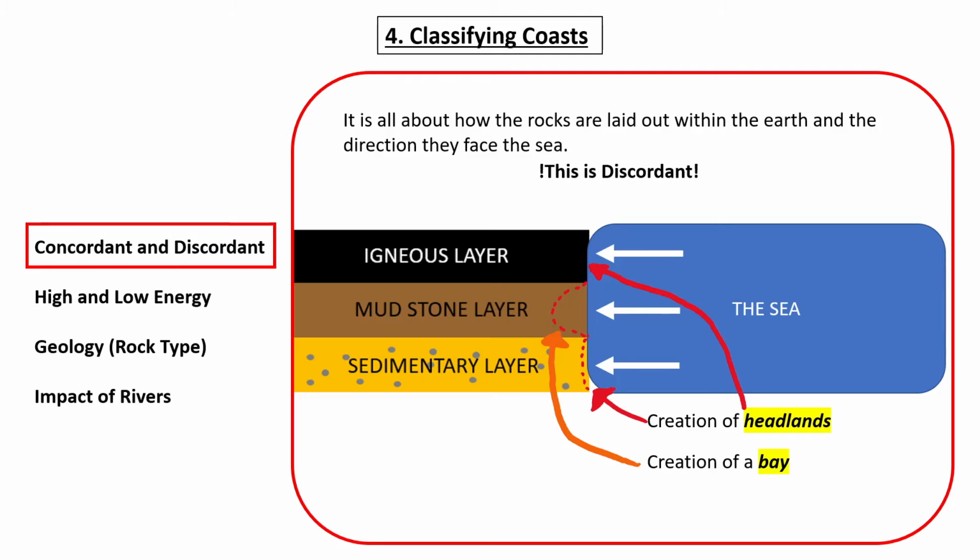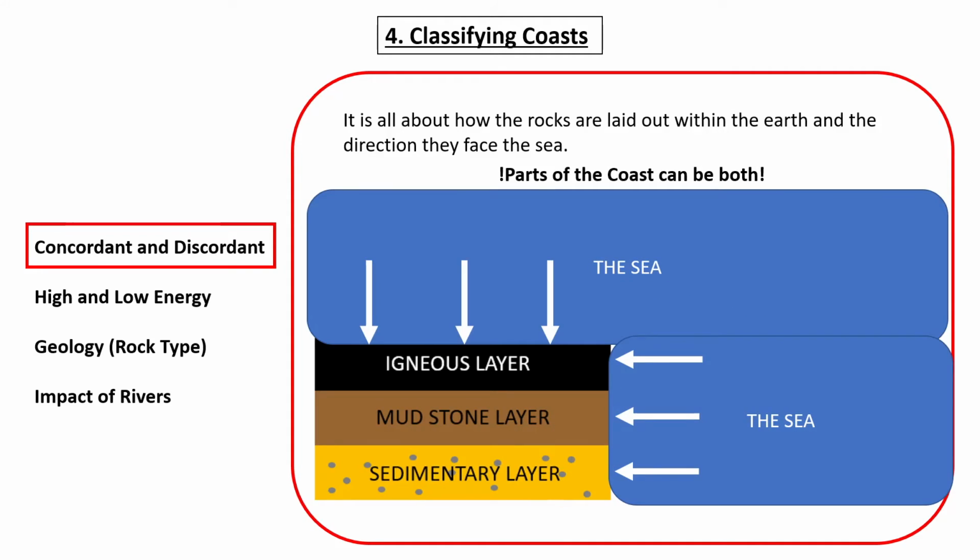And you get the creation of headlands where the land sticks out due to it not eroding as fast as the middle bit, which is the mudstone layer. And then that mudstone layer will become a bay. You see a lot of these sorts of discordant coastlines along the coast of Devon with various bays and headlands. So that's those two.